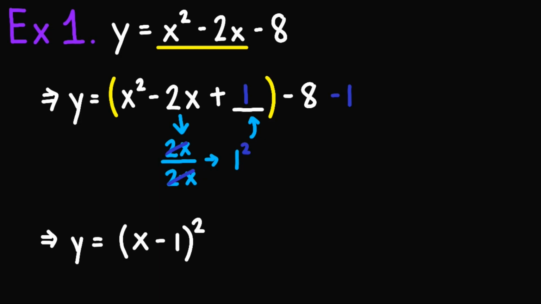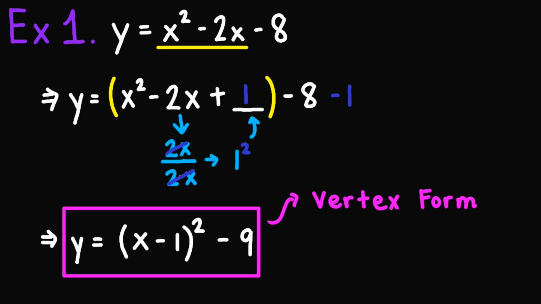And for this next one, negative 8 minus 1 is simply negative 9. Now observe that this is already in its vertex form. If it's not evident, you can write this as y equals x minus 1 squared plus negative 9, which matches the vertex form.